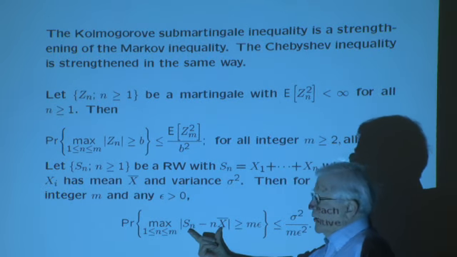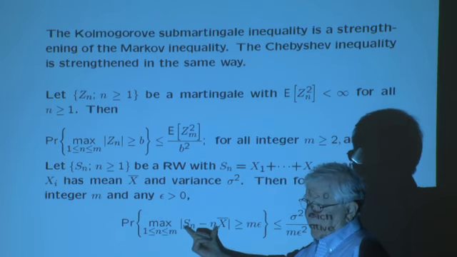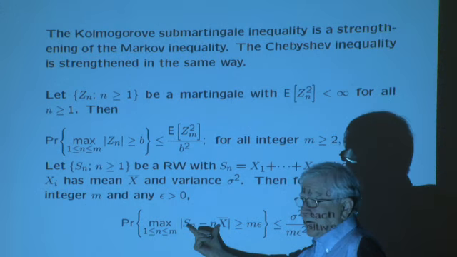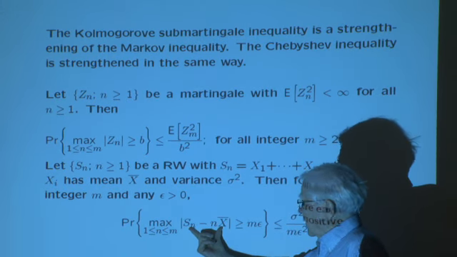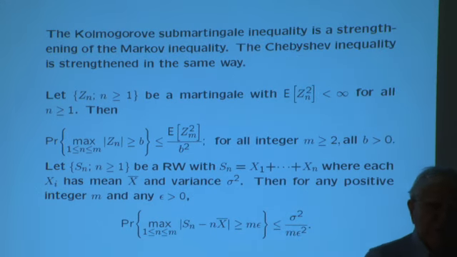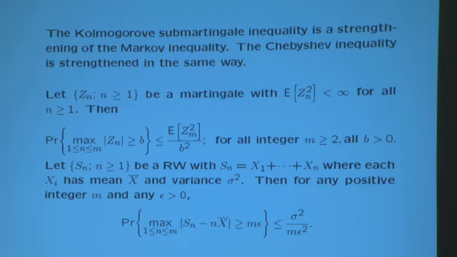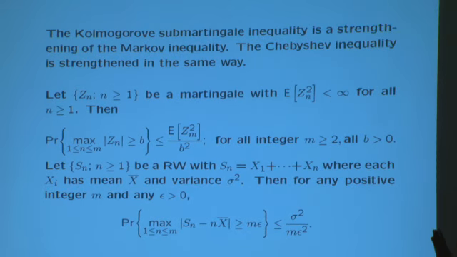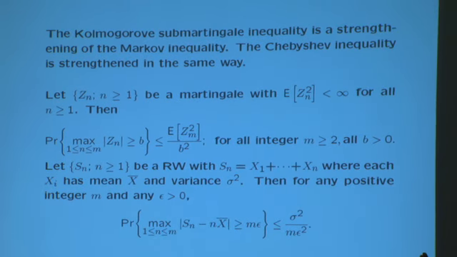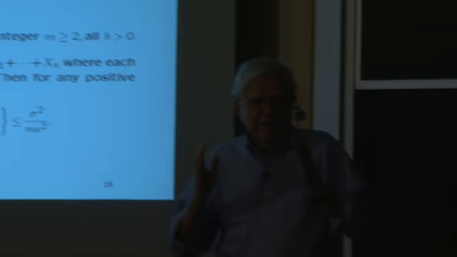What's the expected value of this quantity squared? It's m times sigma squared, okay? Because S_m is just the sum of m IID random variables which have variance sigma squared.